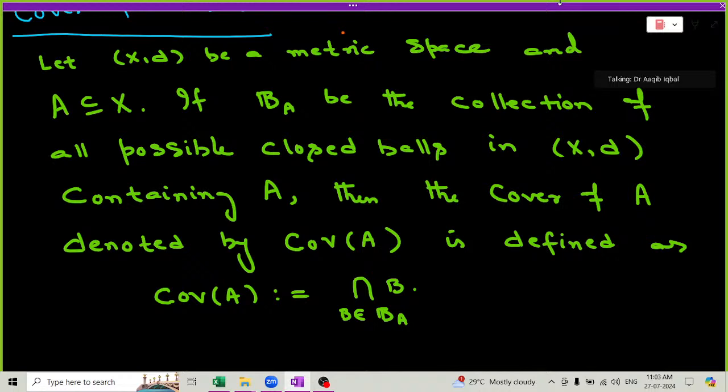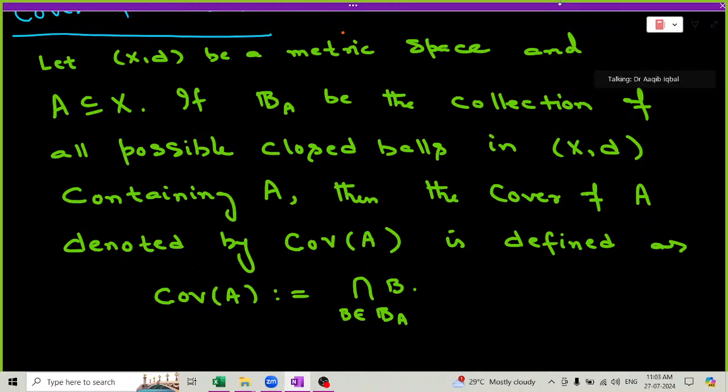If you have a closed ball containing A, it automatically means that the diameter of A is finite. That means A is a bounded set in (X, d). If A is not a bounded set in (X, d), then there will not be any closed ball containing A. So in that case this collection will be empty. And what would be the intersection in that case?